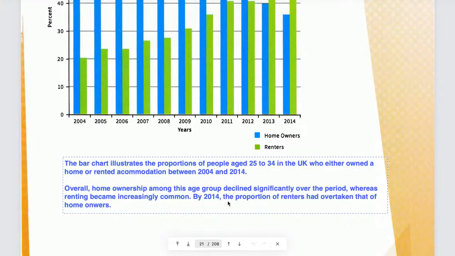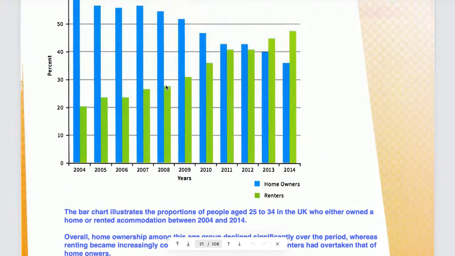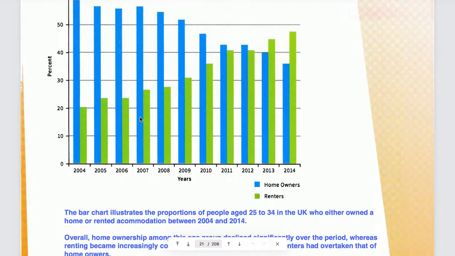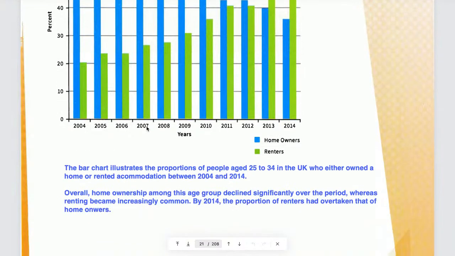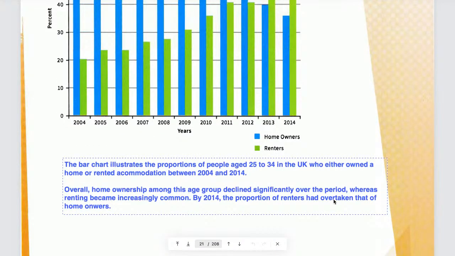Whereas renting became increasingly common. So what we are trying to say is that more and more people try to rent a house instead of owning a house in that period of time. So that's why we can say that in general, whereas renting became increasingly common.